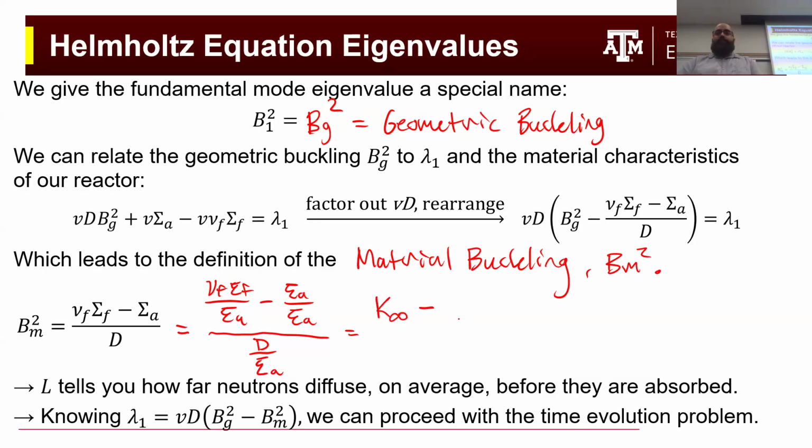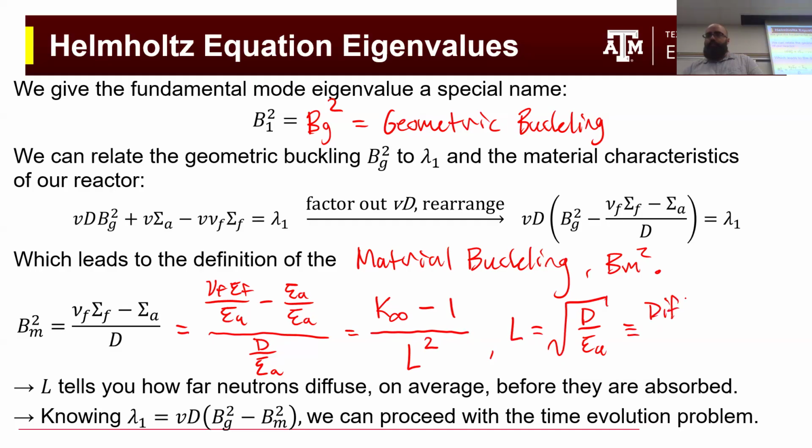Sigma_A over sigma_A is just 1. And then this D over sigma_A, we're by definition going to call this L squared. And so L, by definition, is the square root of D over sigma_A. And this quantity L is what we call the diffusion length.